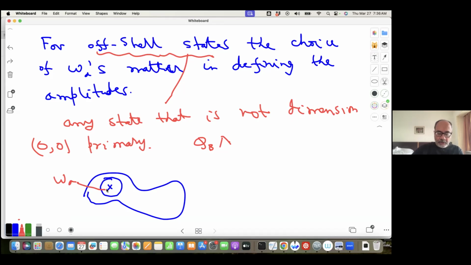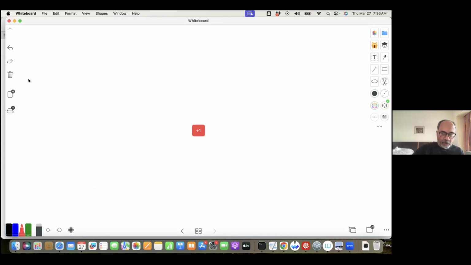In a defined coordinate system the vertex operator will be defined, because you have to conformally transform from WA to, say, W prime A. So the off-shell amplitudes do depend on the choice of the local coordinates. One way to encode that dependence is by saying that you recall that we had defined this PGMN.